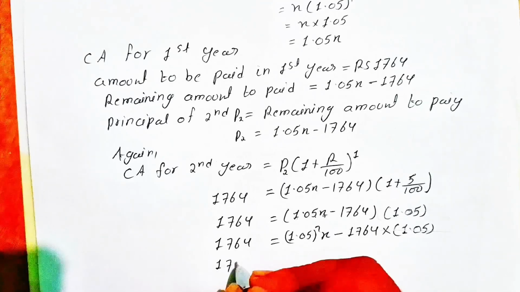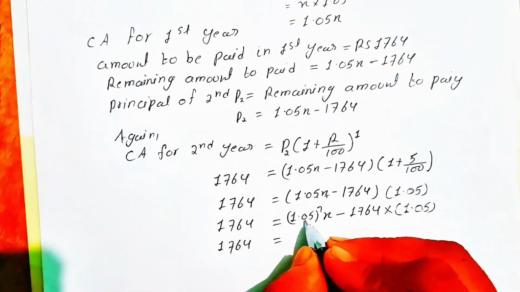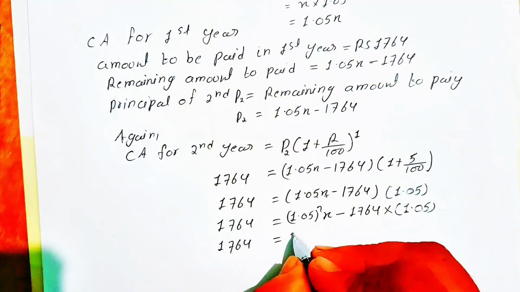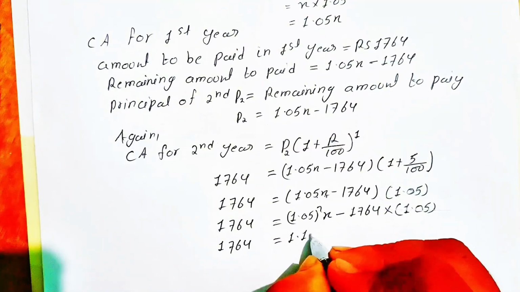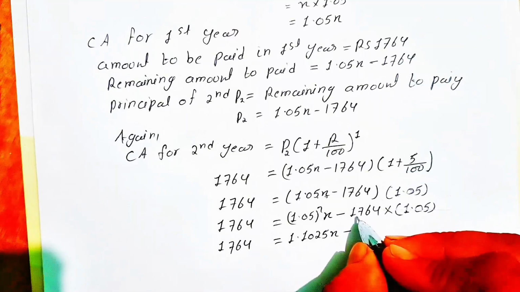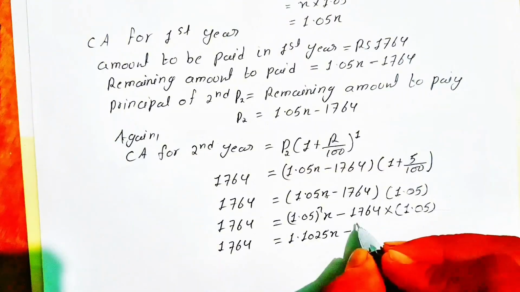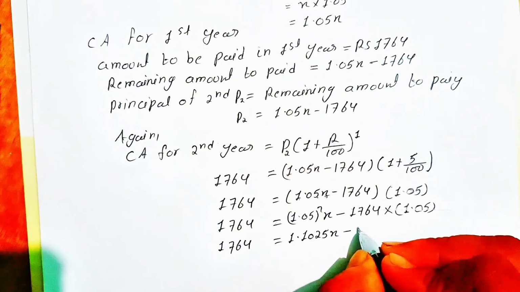Now finally 1764 is equal to the square of 1.05, which is 1.1025x, minus the product of 1764 and 1.05.